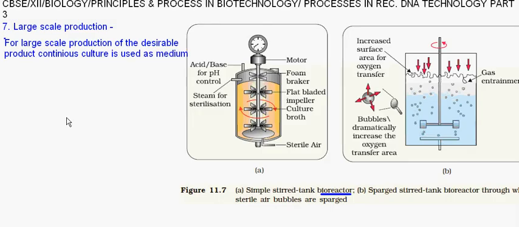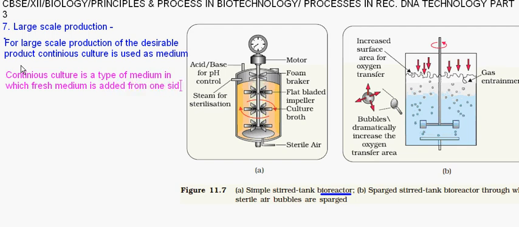Continuous culture is a type of culture in which fresh medium is added from one side and used medium is discarded or removed from another side.